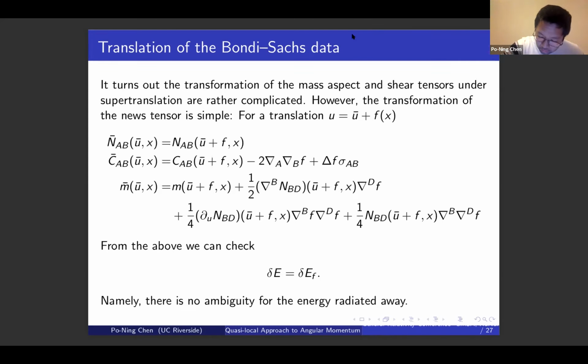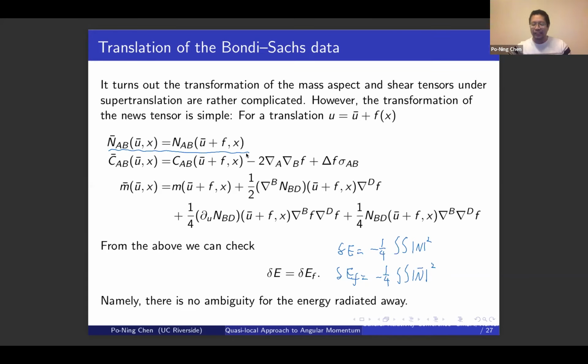In the u coordinate system, I have this integral of N. In the u bar coordinate system, I have the same thing, but using the news in the new coordinate system u bar.